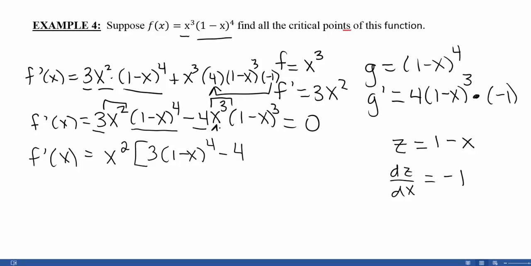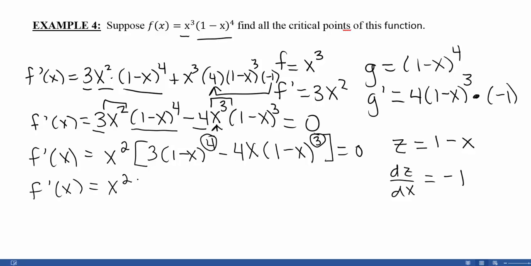Now remember, I only pulled out an x squared, and this was x cubed. So I still have an x, and then (1 minus x)^3. And remember, I'm trying to figure out when this all equals 0. So now I want to consider factoring out a 1 minus x term. So again, I'm going to look at the powers of 1 minus x and pull out the lowest power.